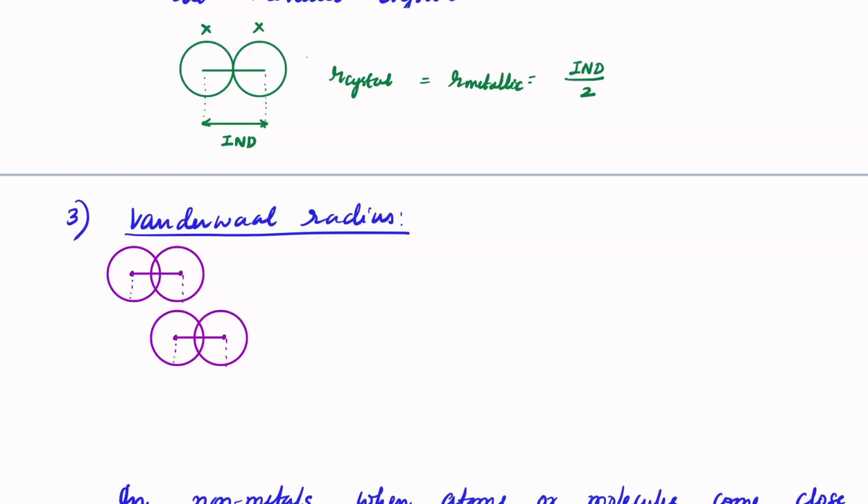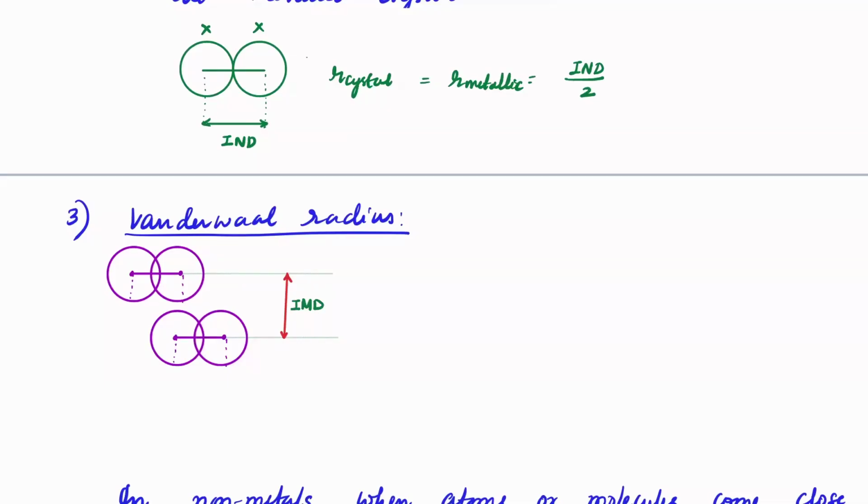So, if I figure out the distance between this point and this point, this is the closest distance which they can create. Now this becomes the intermolecular distance, IMD.